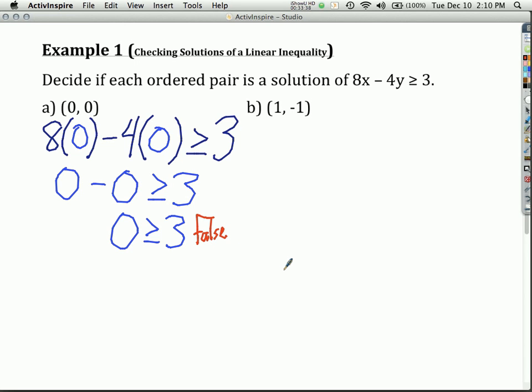And what that means is 0, 0 is not a solution. If you get a false statement, not a solution. If you get a true statement, it is a solution. That's what solutions are. So here we're going to say no, or you could say not a solution. And this proves it.